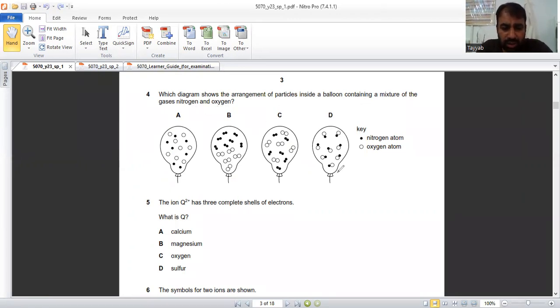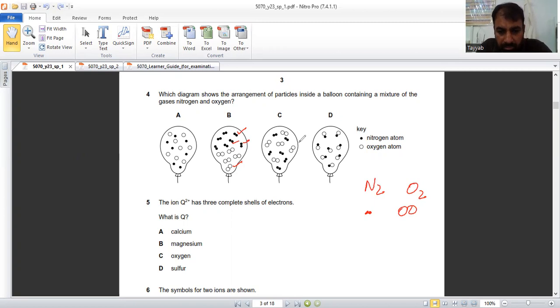For nitrogen, we have to write N2. For oxygen, we have to write O2, or we can represent it this way. These two dots indicate two atoms in each molecule. So this can be N2, N2, N2, and this can be O2.